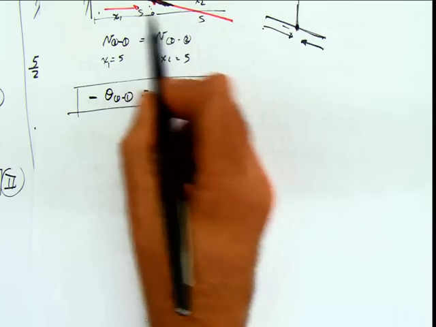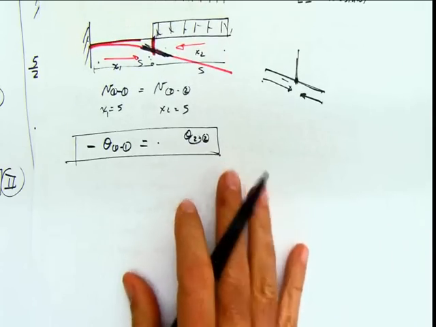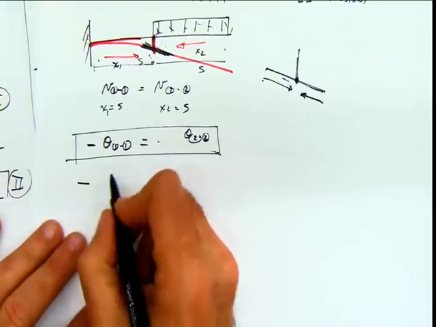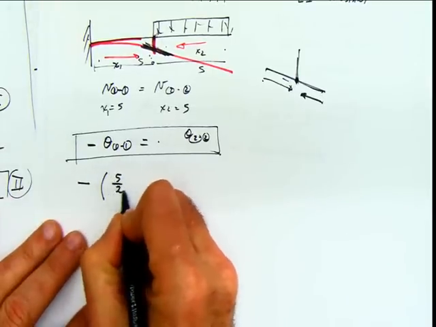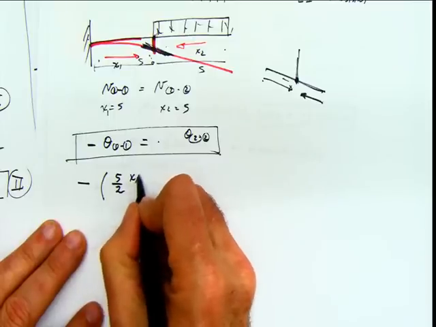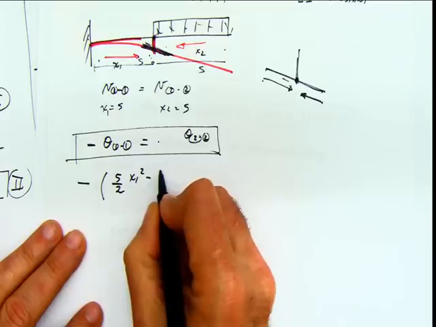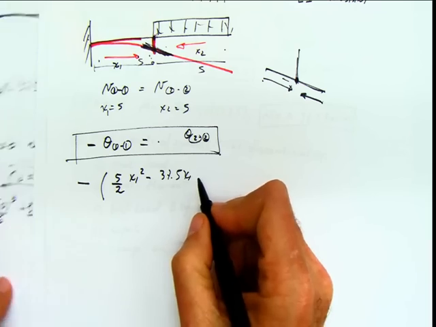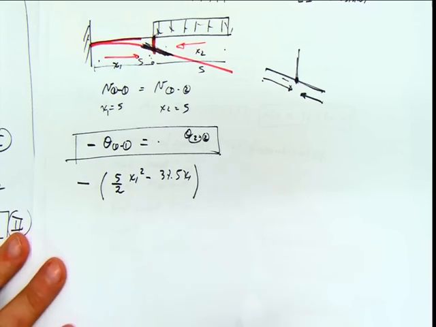So coincidentally in the problem the x is the same. This is going to be negative, and this is the value of the slope that I got before, 5 half x1 squared minus 37.5 x1 plus c1, but c1 I calculated as 0, so this is it.